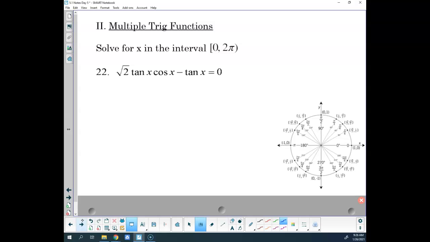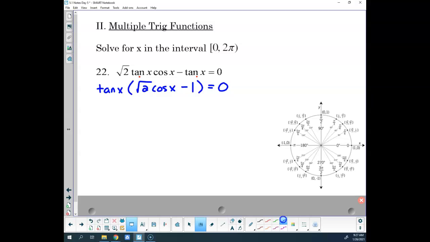So, if I were doing this fine piece of algebraic trigonometric combination, I would first factor out a tangent, because I looked at it and I saw I got a tangent in the first term, I got a tangent in the second term. If I factor out that tangent, then I'm left with tangent of x times the quantity, the square root of 2 cosine of x minus 1, equals 0.